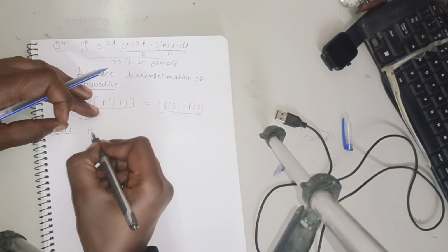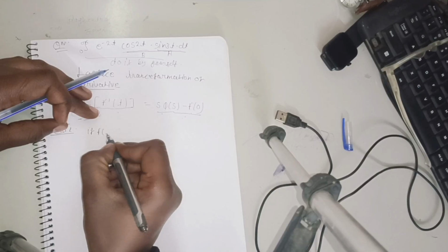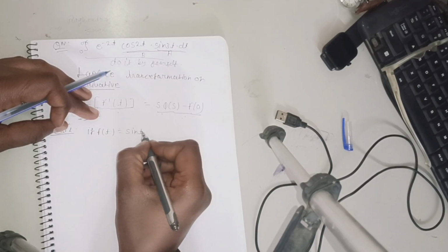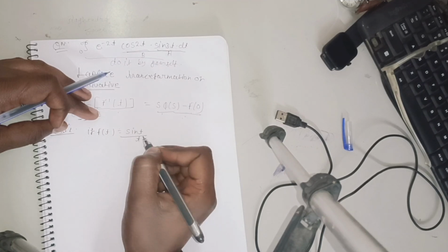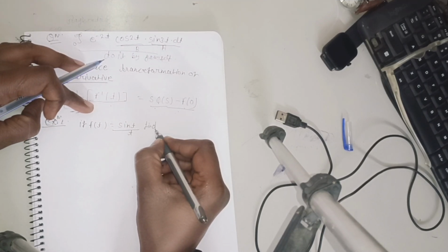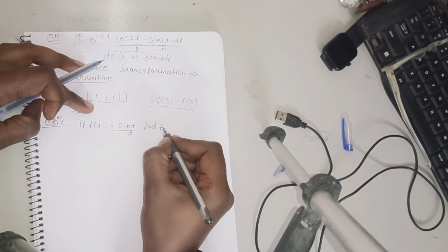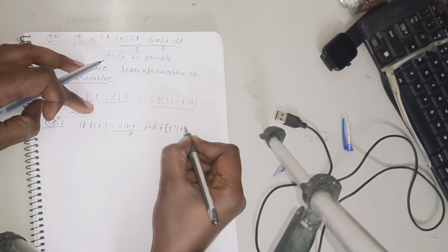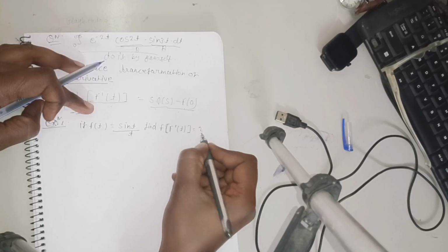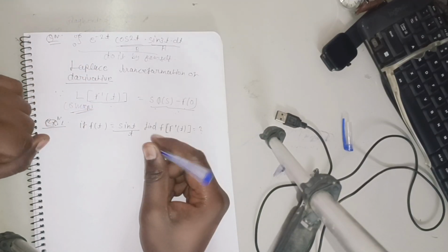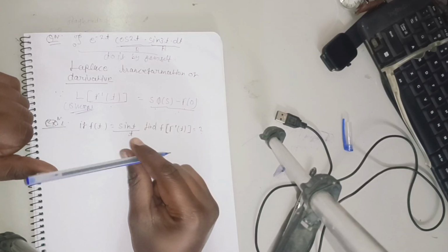If f of t is equal to sin t upon t, find Laplace of f dash t.